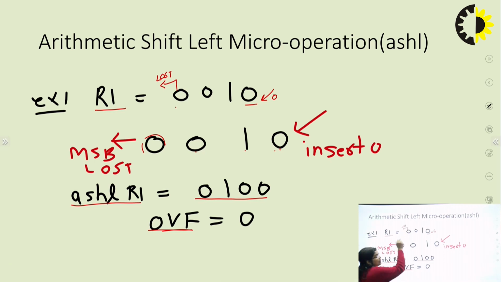You have to find out before the operation, not after it, whether there is an overflow. Before the operation, the first 2 bits are 0 and 0. Means the first MSB and the second MSB have the same values. So the overflow bit is 0.